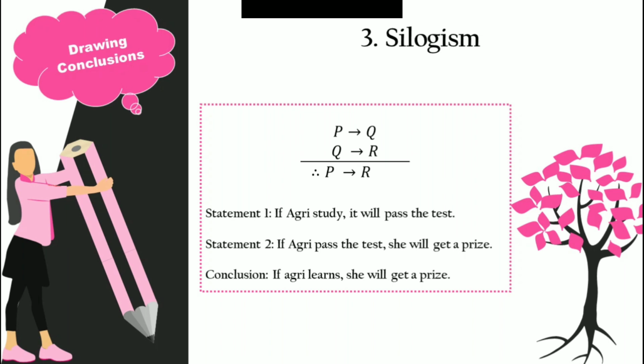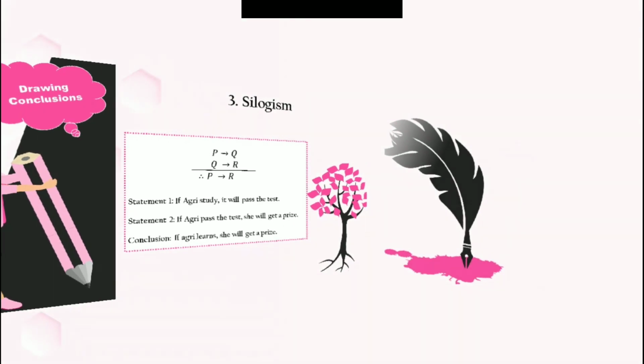Statement 2, if Agri passes the test, she will get a prize. Here the transition is passing the test. So the conclusion is if P, then R. If Agri learns, then she will get a prize.